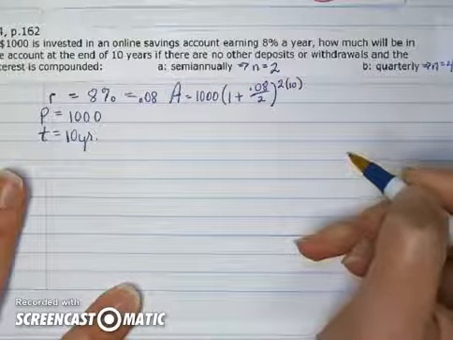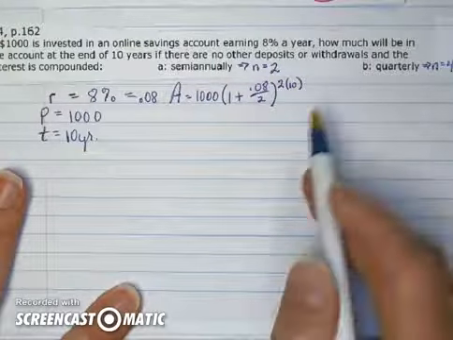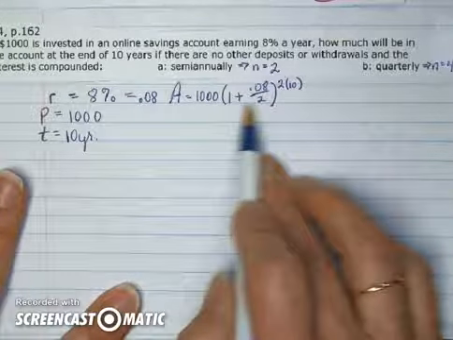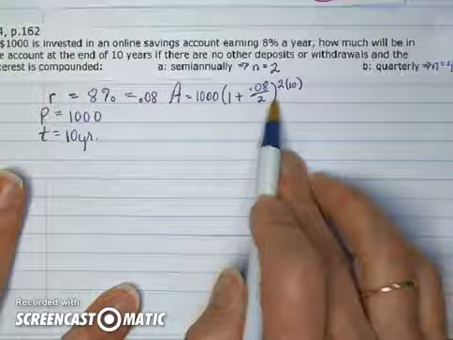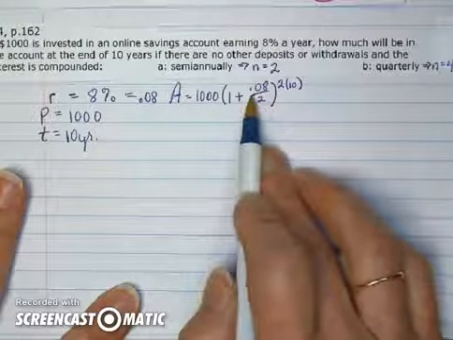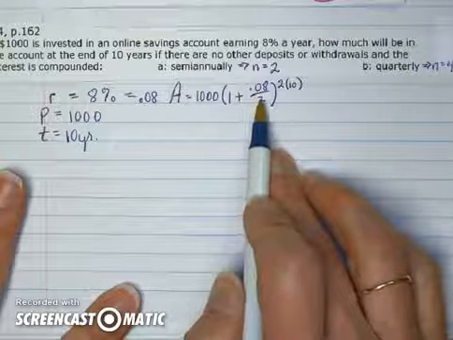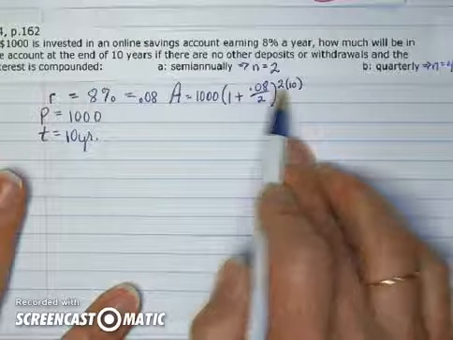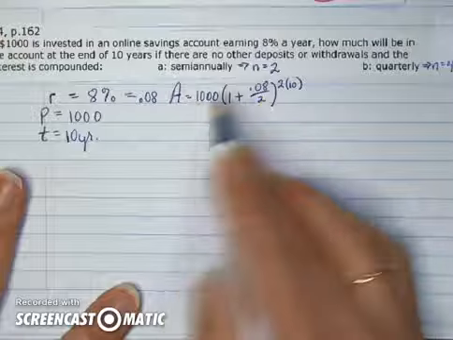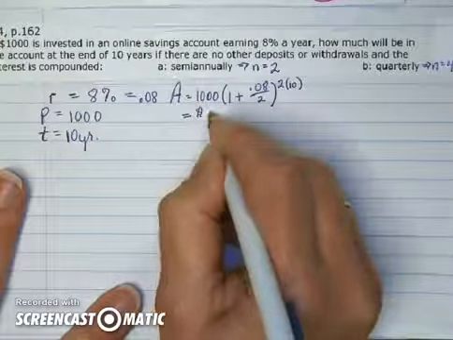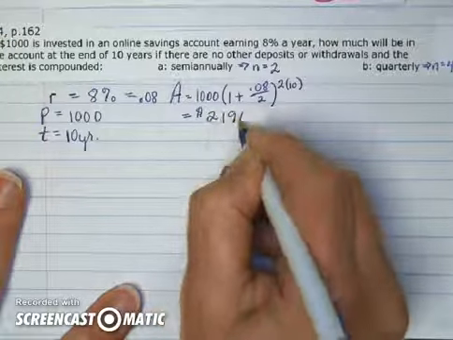Now, when you plug that into the calculator, I would encourage you to start from the inside and work out. So here I would do 0.08 divided by 2 plus 1. Get that answer. Raise it to the 20th. Get that answer times 1,000. I want you to practice that. You should get $2,191.12.